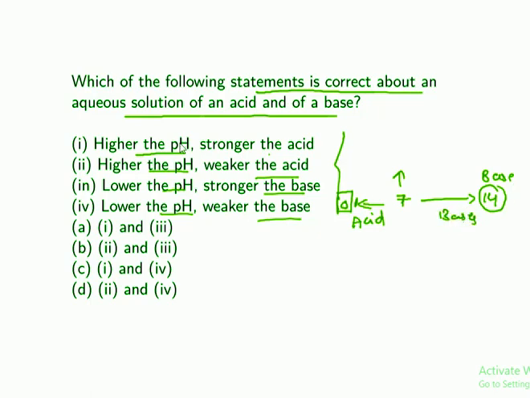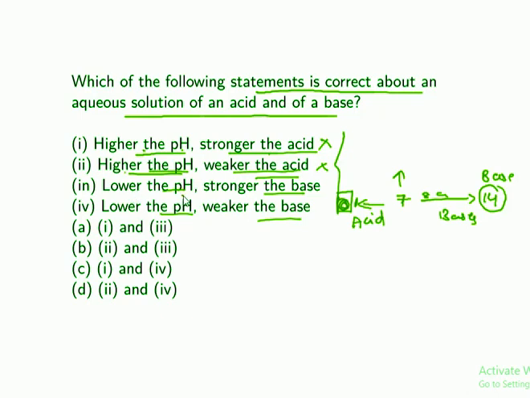They are asking higher the pH, that means 8, 9, 10 up to 14. So higher the pH, weaker the acid. So saying that if the pH is higher, the acid will be stronger is wrong. This is also wrong. Higher the pH, weaker the acid is the correct option.